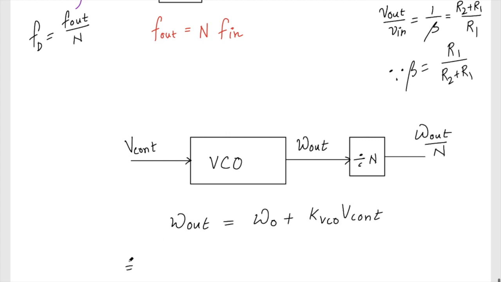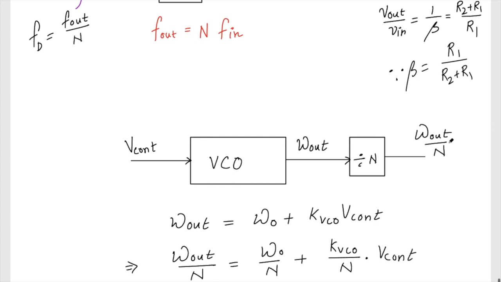So what I'm now doing is dividing everything by N. Omega out by N is equal to omega naught by N plus k VCO by N into V cont.